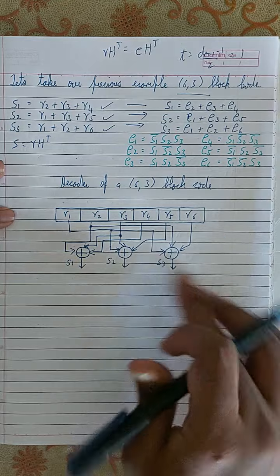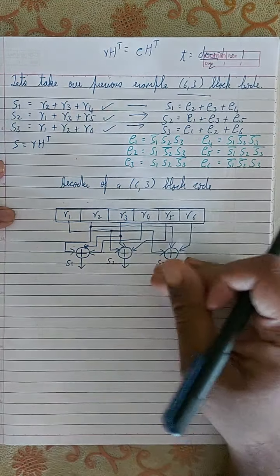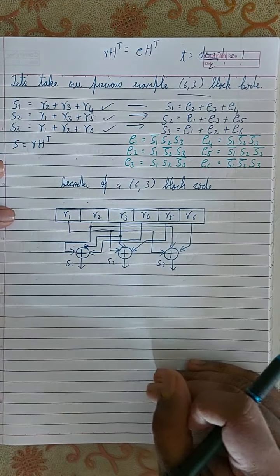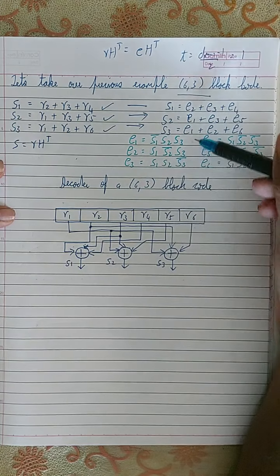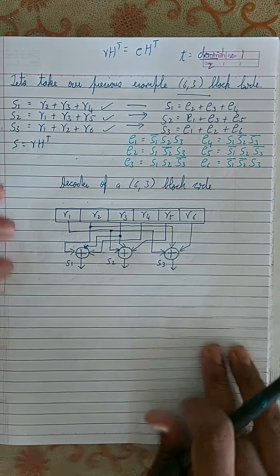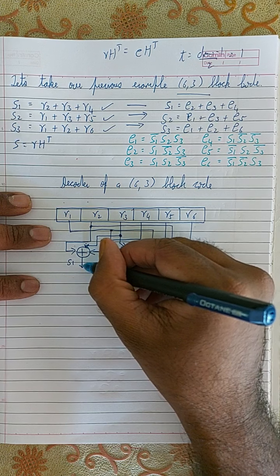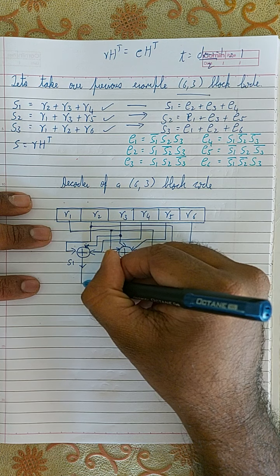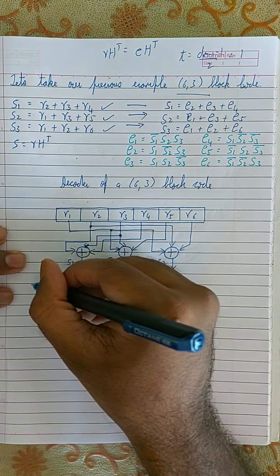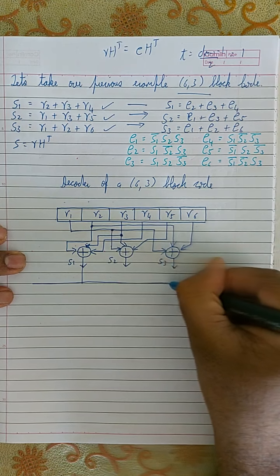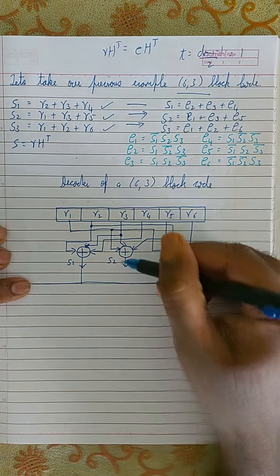Next, from R I found S, and now from S I'm going to find E. And what is E? E1, E2, E3, E4, E5, E6. So that is what I'm going to draw now. First I'll draw a signal for S1.